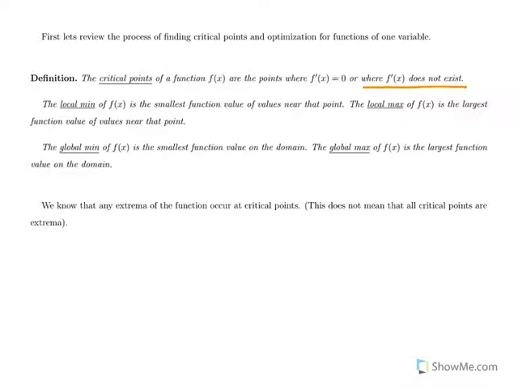This does not mean that all critical points are extrema. I should note that this word extrema is just a fancy word for saying mins or maxes, minima or maxima. Okay, so not all critical points are mins or maxes, but all mins and maxes have to happen at critical points.